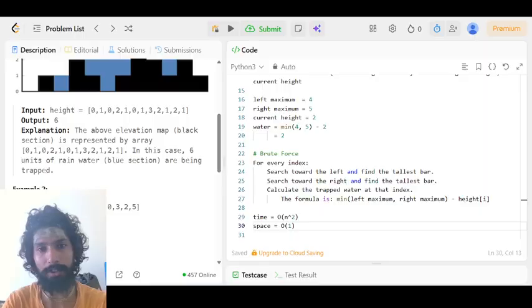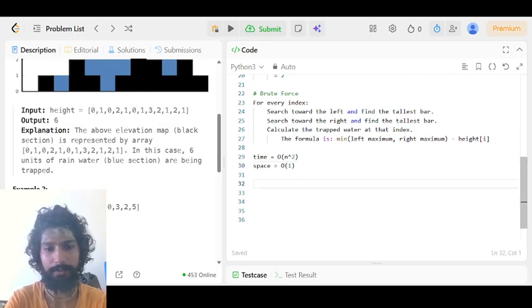We can pre-compute. So a better approach can be to pre-compute left max i and right max i.